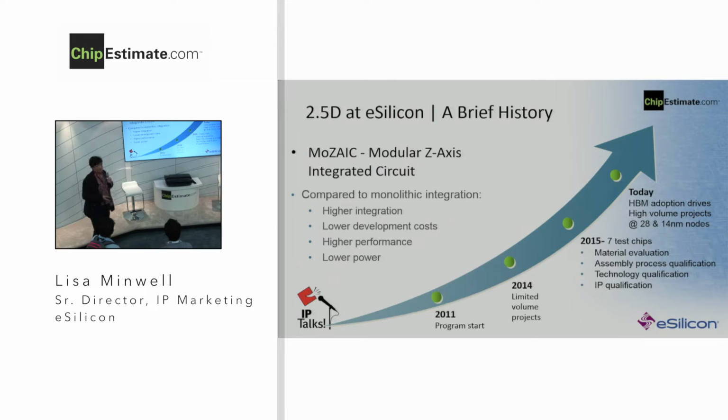And now we've got 7 test chips. We have 2 customers going into production this year. The next slide that I have will give you a little bit more detail about what those look like. But it really was a period of time of developing and understanding this technology and making sure that a supply chain is in place, as well as developing the IP, because you have to have PHY IP that's going to be able to communicate with this HBM memory.